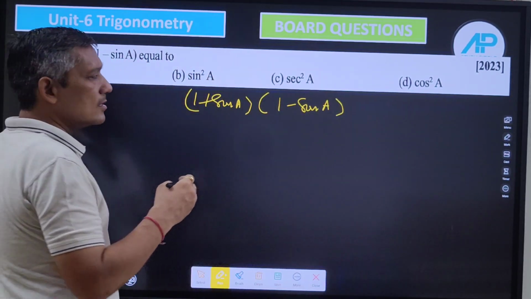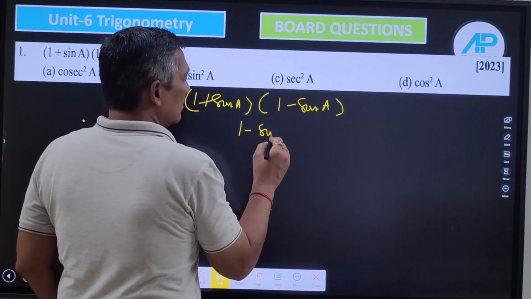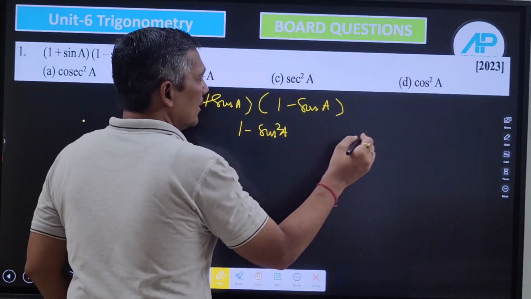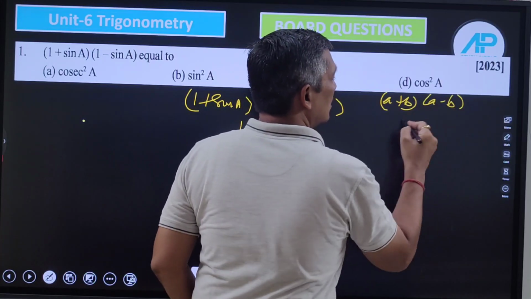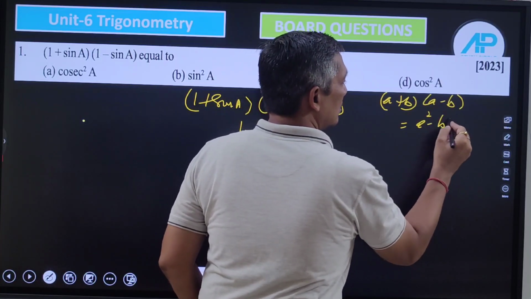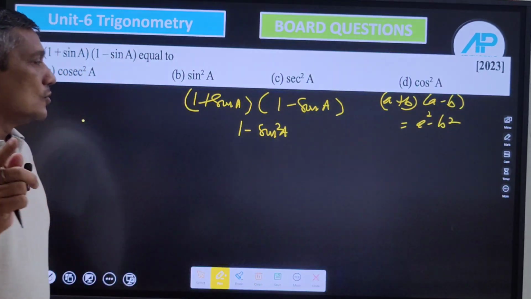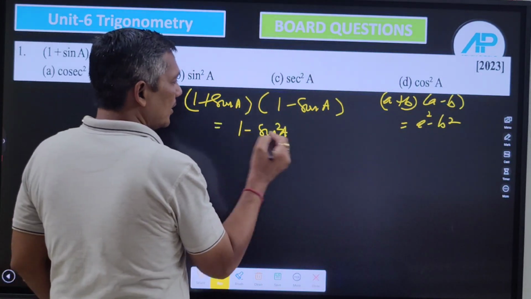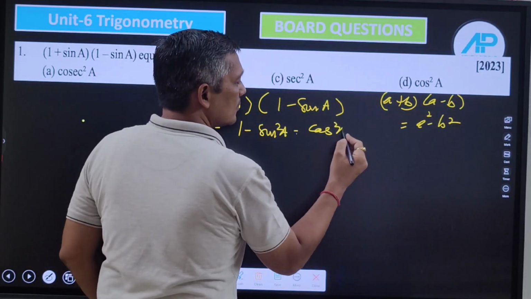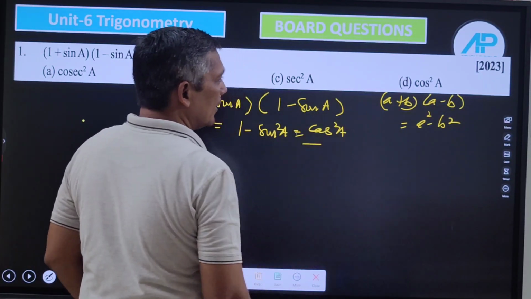As you can see, it is basically of the form (A plus B) into (A minus B). So I've got (1 plus sine A) into (1 minus sine A). That gives me 1 minus sine square A. That also gives me cos square A.